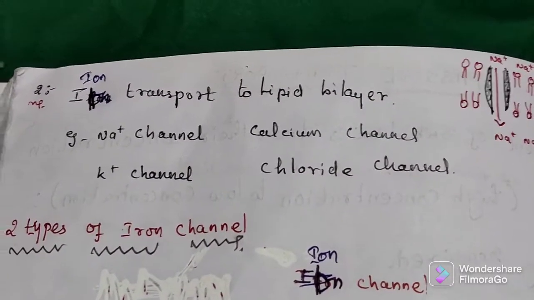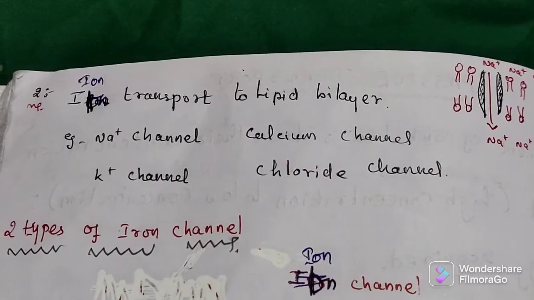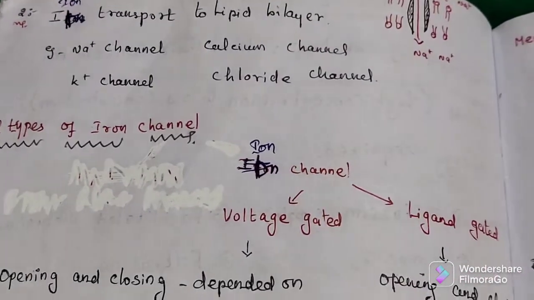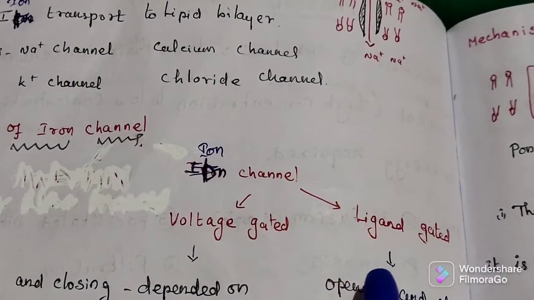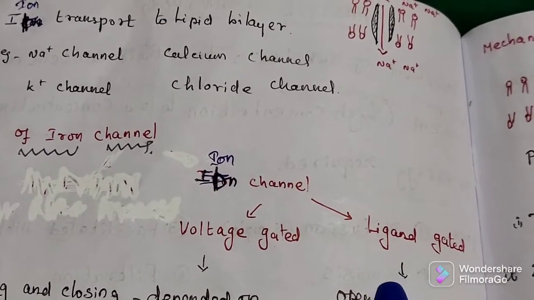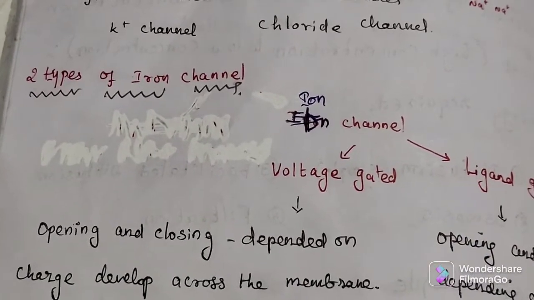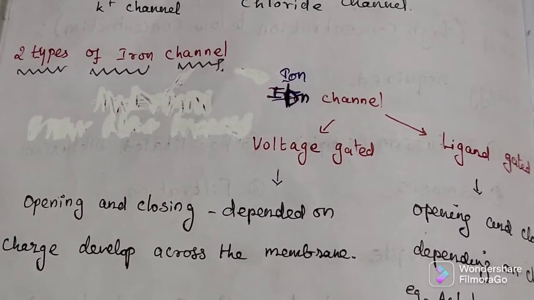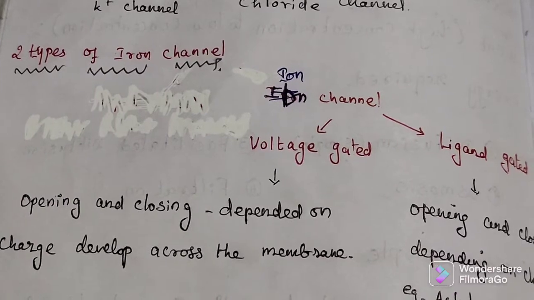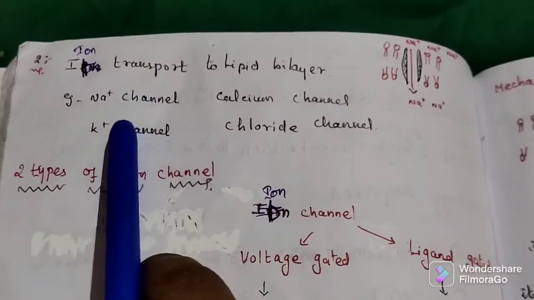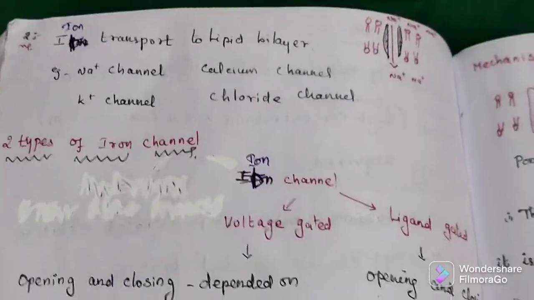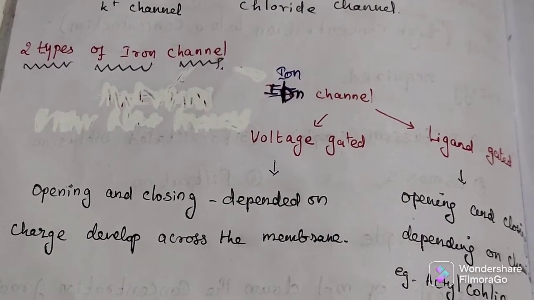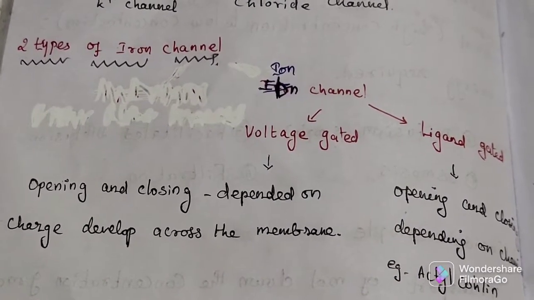There are two types of ion channels: voltage gated and ligand gated. What is voltage gated? It means opening and closing of the channel are dependent on the charge developed across the membrane, for sodium, calcium, potassium channels.